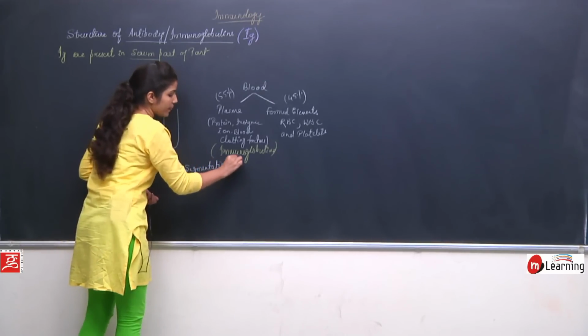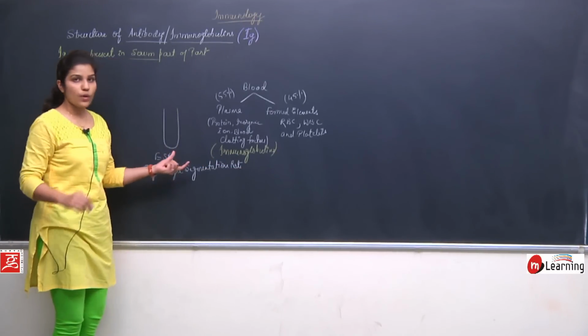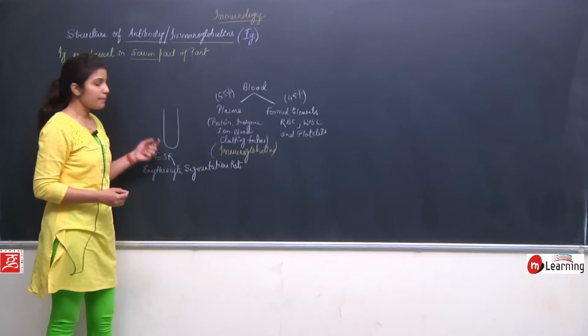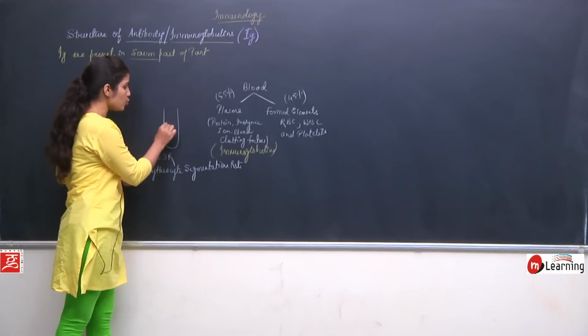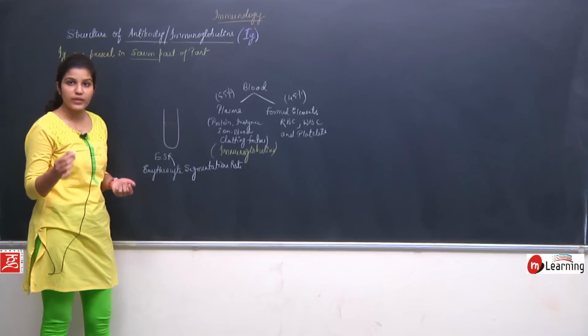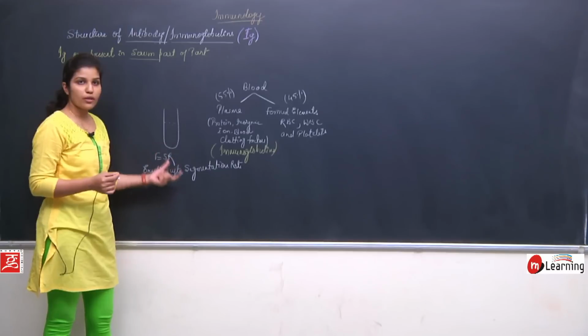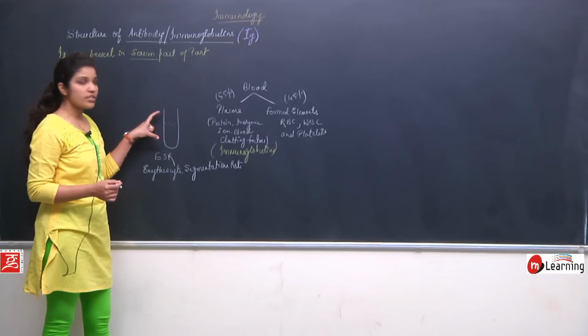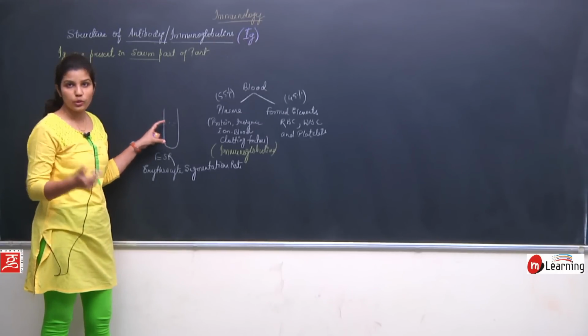This is one type of method. In this method, generally blood is taken in a tube. That tube is known as the Westergren tube, specific for this kind of method. Blood is taken into that tube.